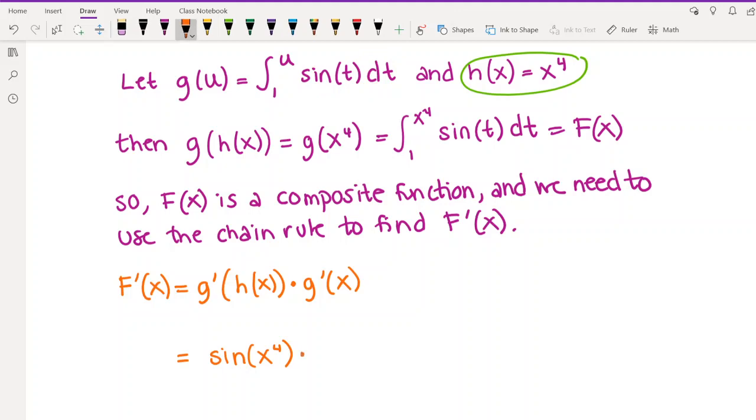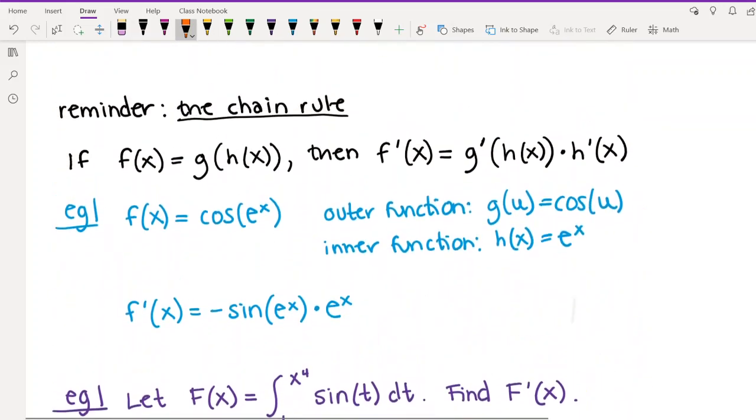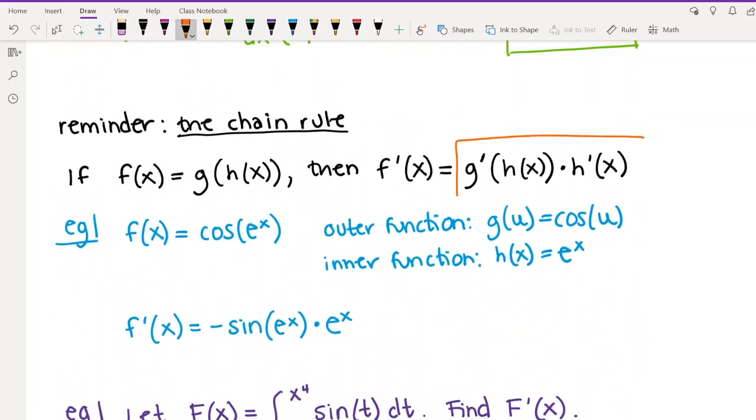And then the second part of the derivative, according to the chain rule, should be the derivative of the inside function. And sorry, I just realized I wrote something wrong. I hope this didn't confuse you all. So this should have said h prime of x. Sorry about that. So again, just in case anyone's confused, this is just the chain rule, right?